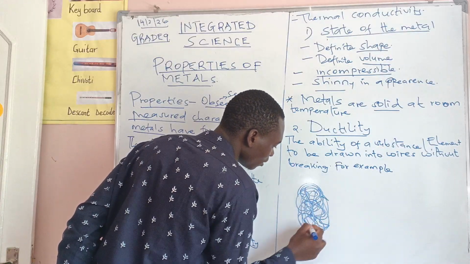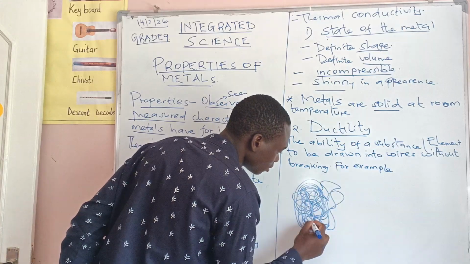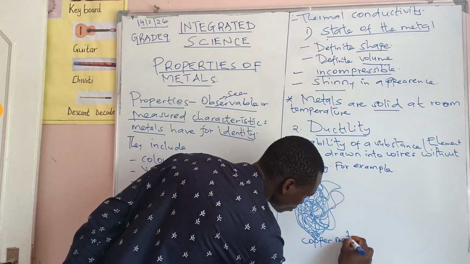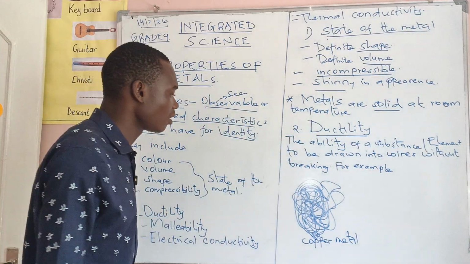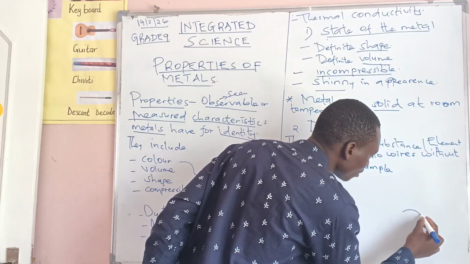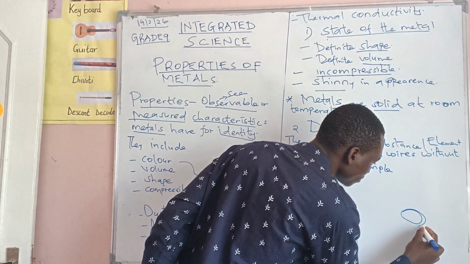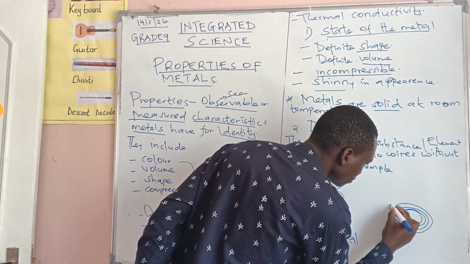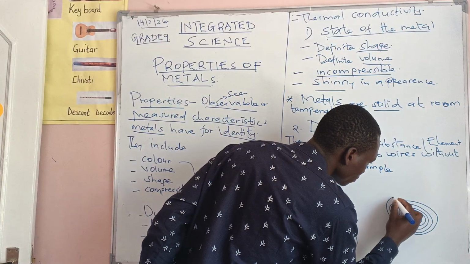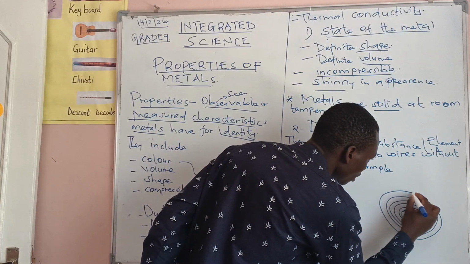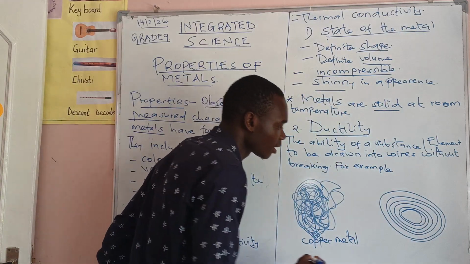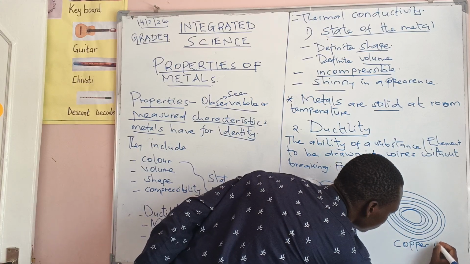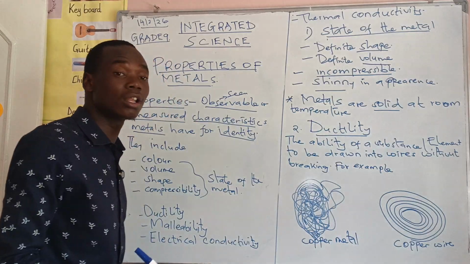This is copper metal. And then I try to draw copper metal into wires without breaking the wire. This is what we call ductility.